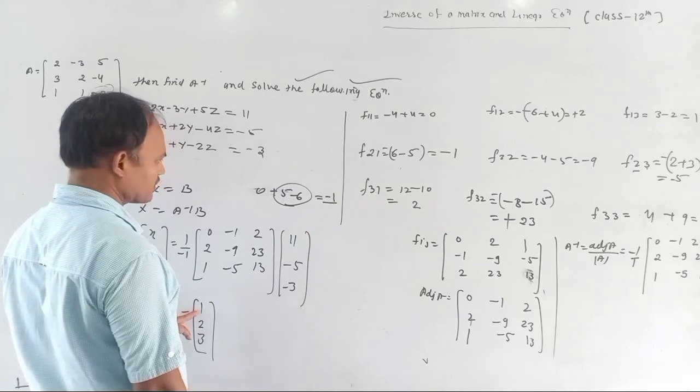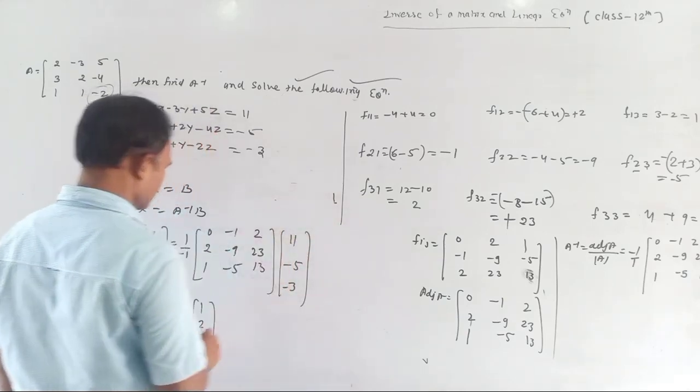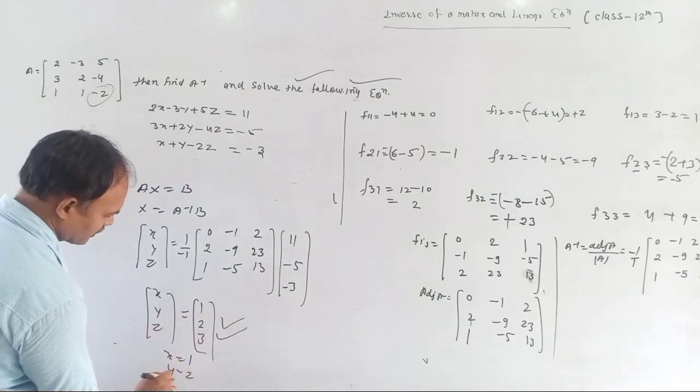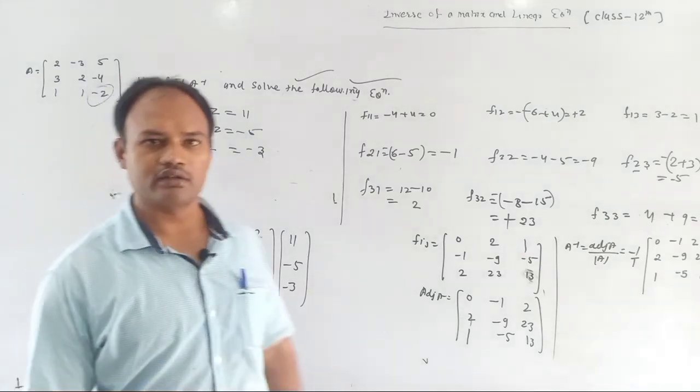So it is minus 1 and minus 1, so it is 1. So your answer is x equals 1, y equals 2 and z equals 3. So students, in this way we can solve this type of question.